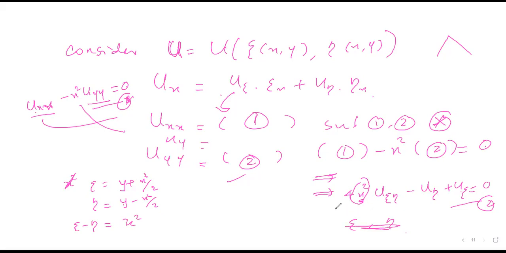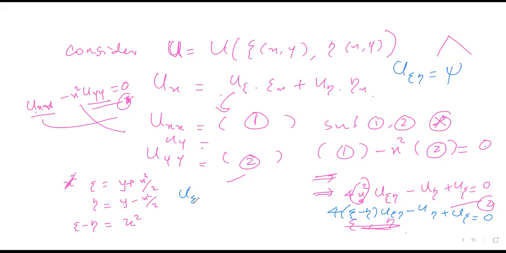Let me finish up. So our answer will be like this: 4(zeta minus neta) u zeta neta minus u neta plus u zeta is equal to 0. So you can say our hyperbolic equation is, as I told you, u zeta neta is equal to psi or something.